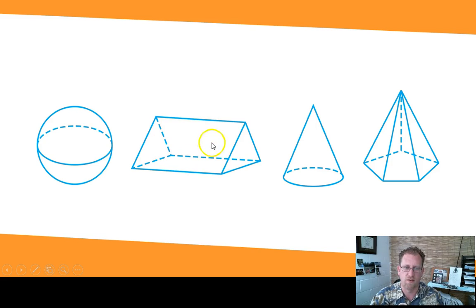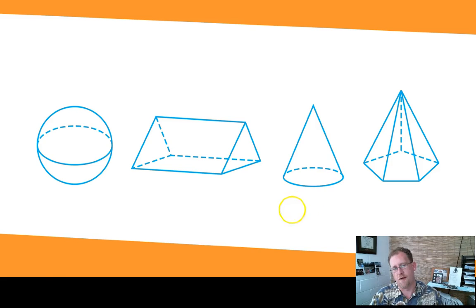This rectangle is a face. This triangle is a base. This line formed where this face meets this face is a lateral edge. This line, formed where a face meets a base, is a baseline or a base edge.